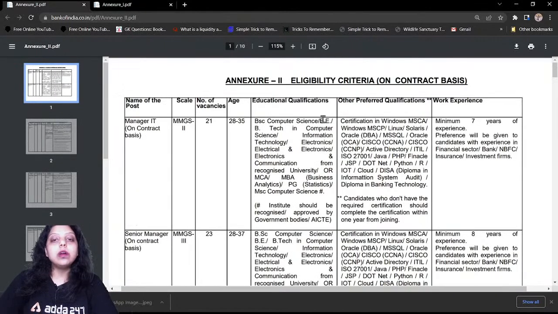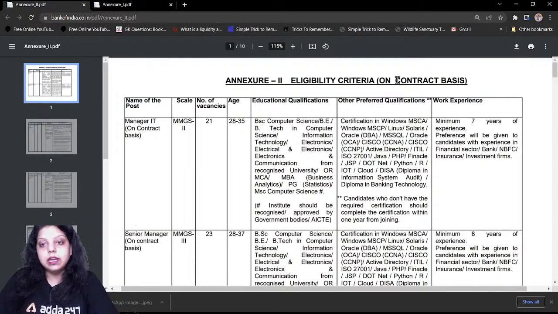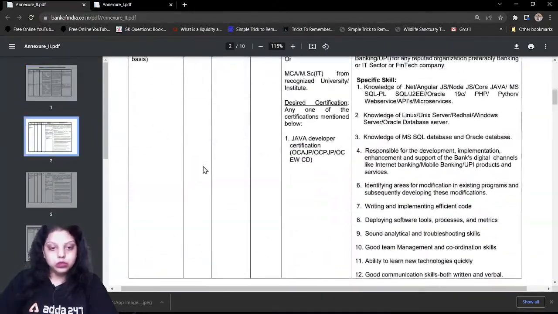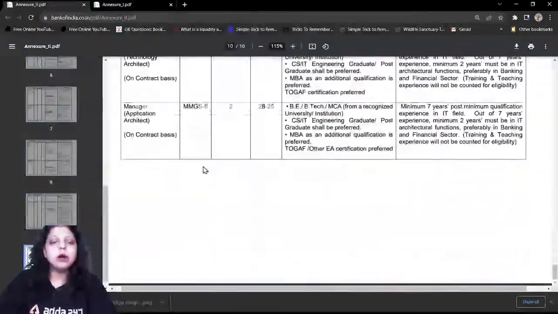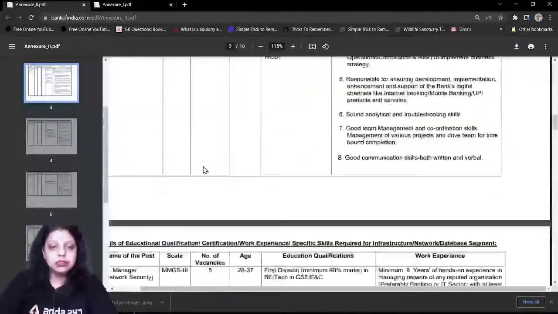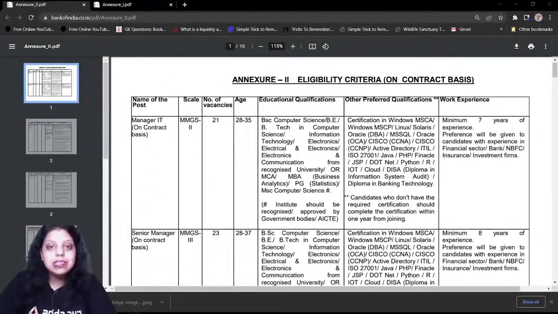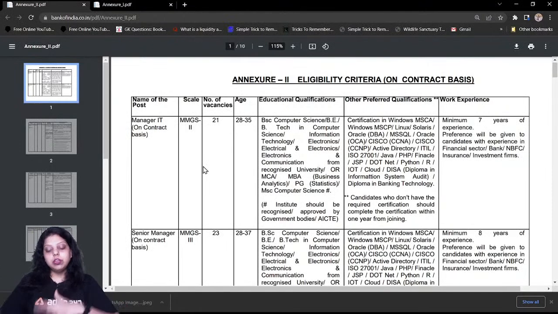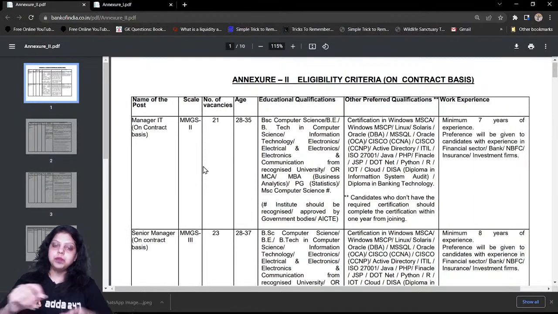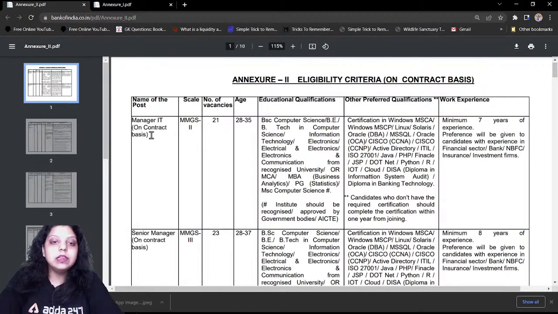Now, if we are talking about eligibility criteria on a contractual basis, there are unlimited posts under the contractual basis. Let me tell you how you can check your particular eligibility criteria. When you are filling the form, do check in which particular criteria you are eligible. So first let's discuss manager IT on contractual basis.